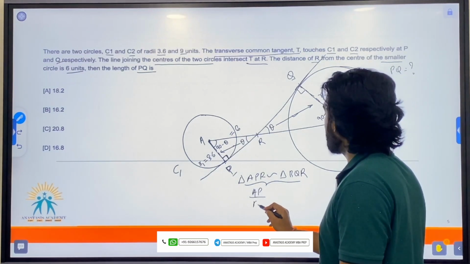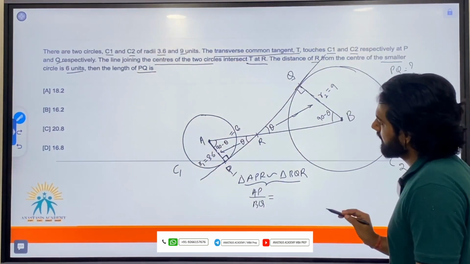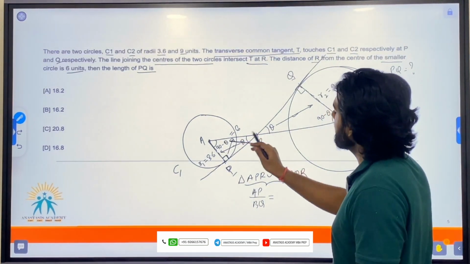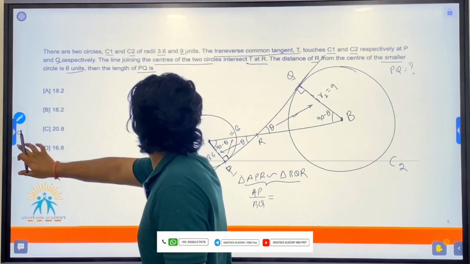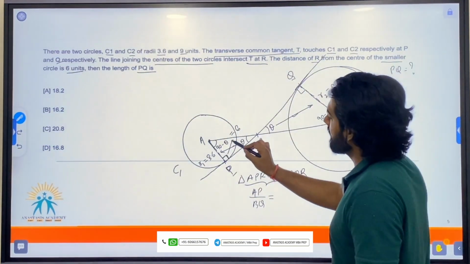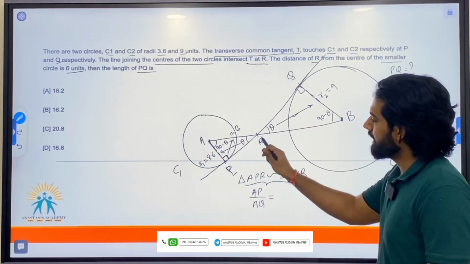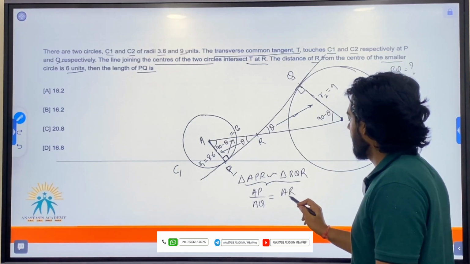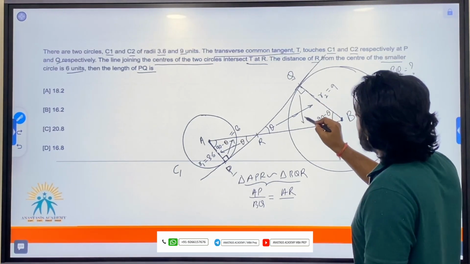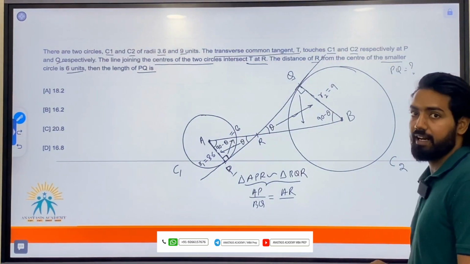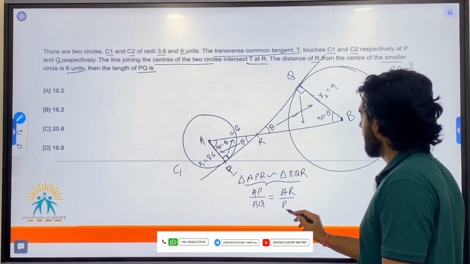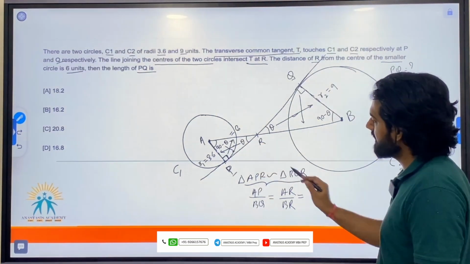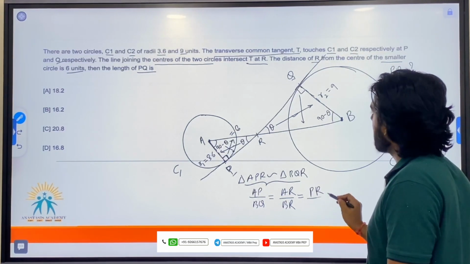So AP upon BQ must be equal to the side opposite to 90 degrees in the smaller triangle APR, which is AR, upon the side opposite to 90 degrees in triangle BQR, which is BR, and the same for 90 minus theta, the corresponding side would be PR upon QR.